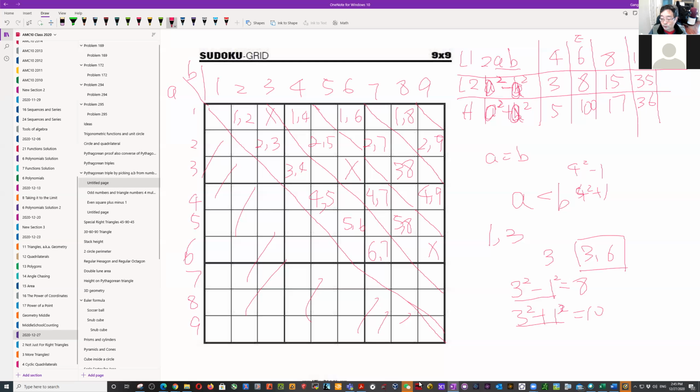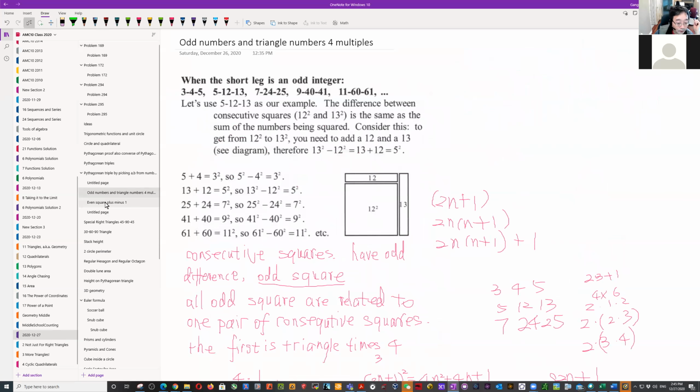You will memorize them, and even if you don't, it's very fast to reverse engineer and generate all of those. That's one thing that's fun.